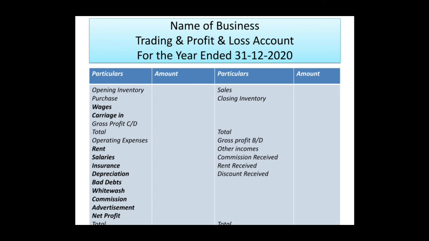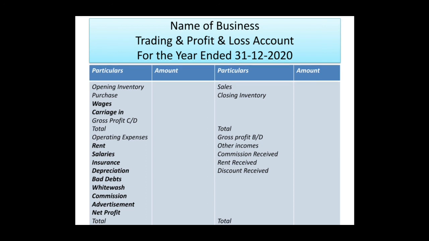As you can see, wages, carriage and cartage, like transportation, and whatever expenses have been incurred for the purchase of goods from the local market, or the expenses incurred from buying in the international market, and other taxes and tariff will be included in purchase.